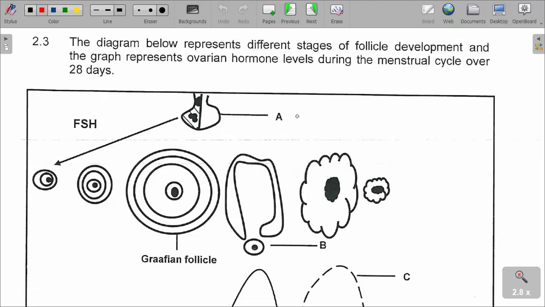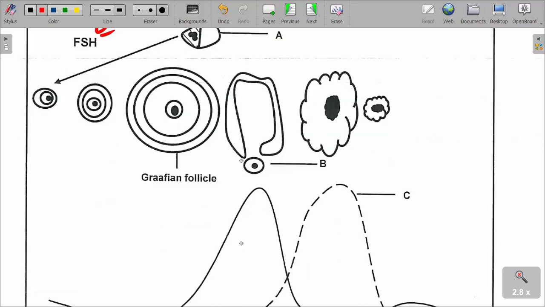So what happens here is that we need to look at this, and then we have the follicle stimulating hormone again. We have the follicle development, and then the process which can also take place, which we can say is ovulation. Why do we say that?